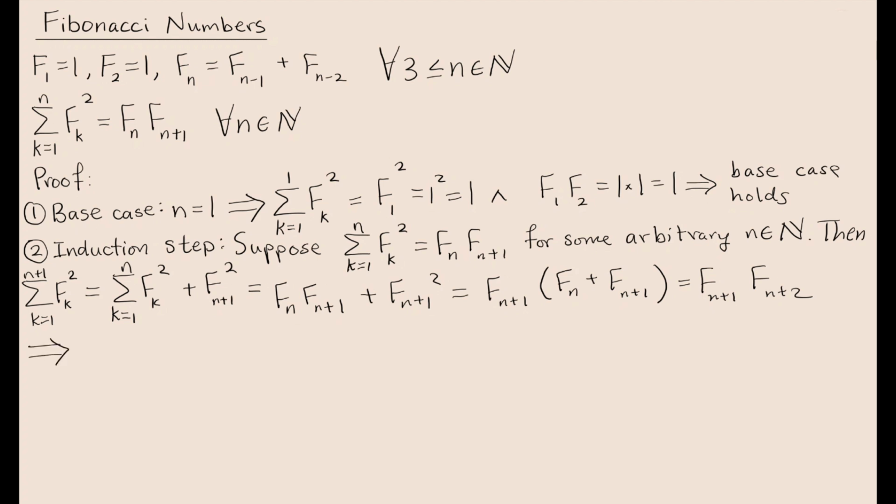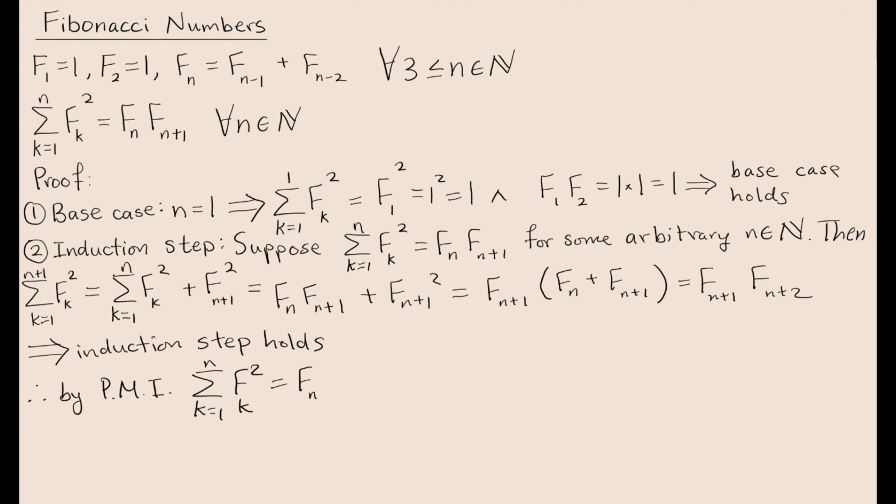This implies that the induction step holds. Therefore, by the principle of mathematical induction, the sum from k = 1 to n of f_k squared is equal to f_n times f_{n+1} for all natural numbers n.